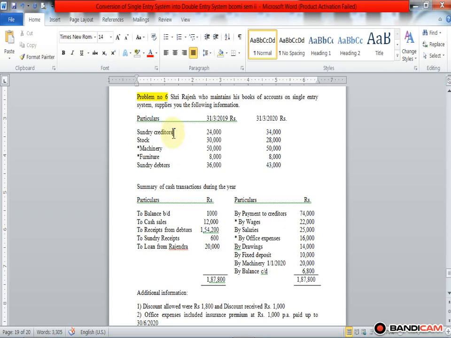So here we write down or note where we transfer this item.